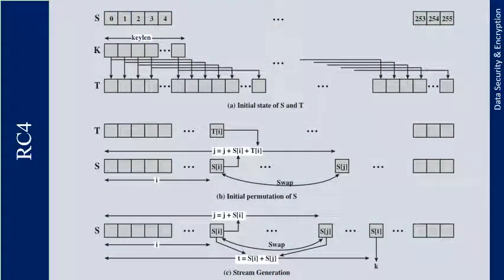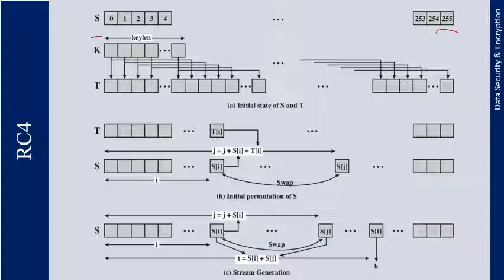This figure shows the working of the RC4 algorithm to generate a stream. To begin with, the entries of S are set to the values from 0 to 255 in ascending order.